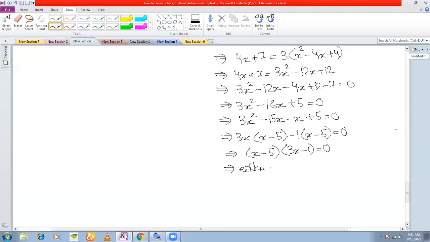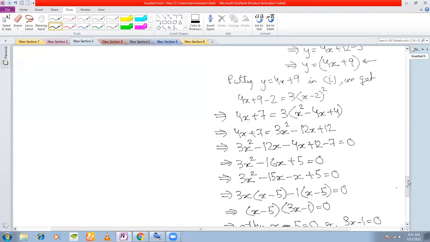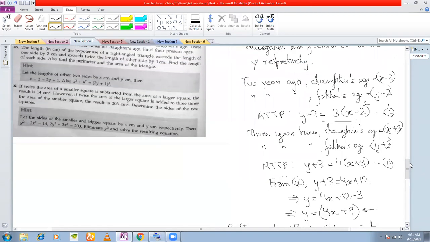That means either x minus 5 is equal to 0 or 3x minus 1 is equal to 0. Either x is equal to 5 years or x is equal to 1/3 year. 1/3 year means what? It is like 4 months. Okay. So both are acceptable in this case.